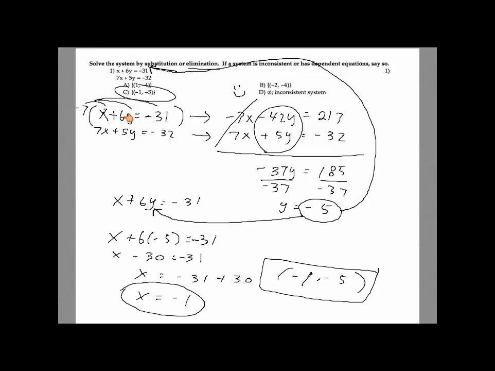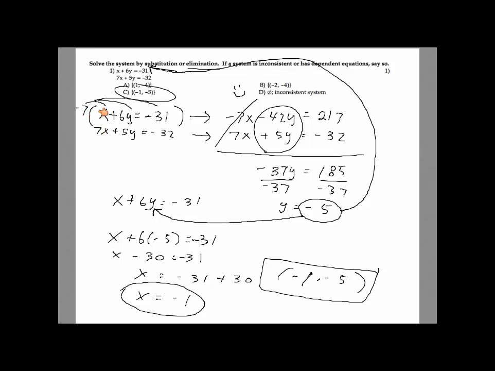So elimination is usually easier to solve. So let's follow this also so you can understand both methods here. To solve by the elimination method, you look at the coefficients of x and y, and you try to make the coefficient of x or y opposite of each other. So the coefficient of x, the first one is 1, the second one is 7.